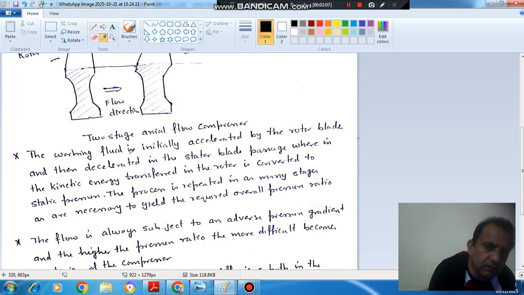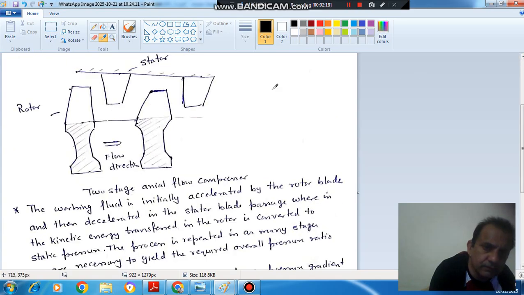Next point: the working fluid is initially accelerated by the rotor blade, this blade, and then decelerated in the stator blade, wherein the kinetic energy transferred in the rotor is converted to static pressure.